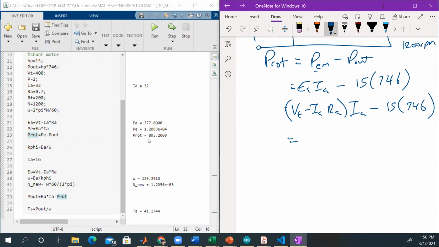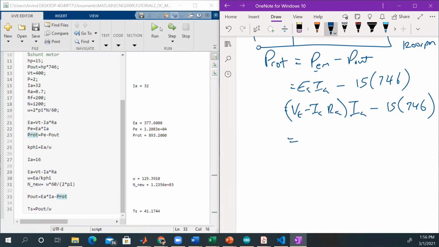Good. The next part, armature current of 16 amps, determine the speed, the power output, and the useful torque. Okay, so the first thing we're going to do is figure out, based on the last one, what is the motor constant? That is, what is the K phi, right? So K phi is EA on omega.